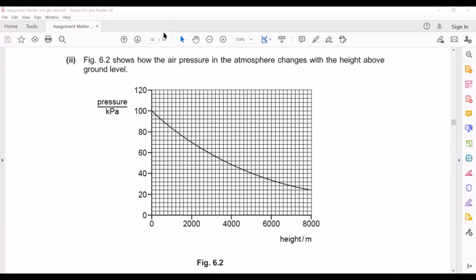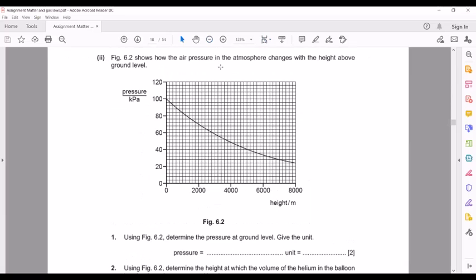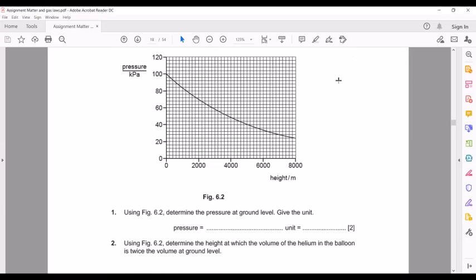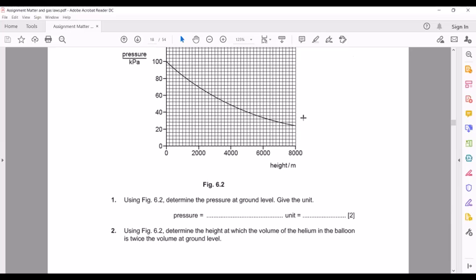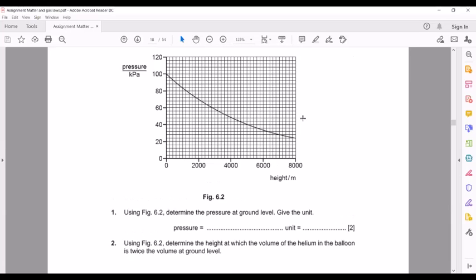Okay. In this question, figure 6.2 shows how the air pressure in the atmosphere changes with the height. Use figure 6.2.